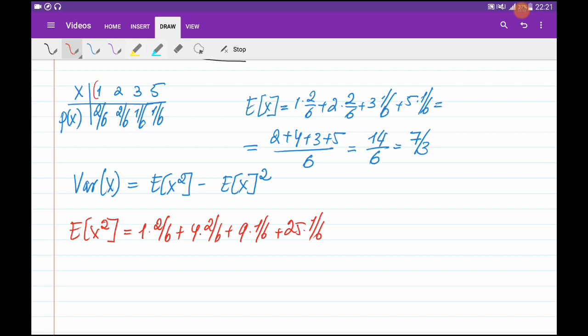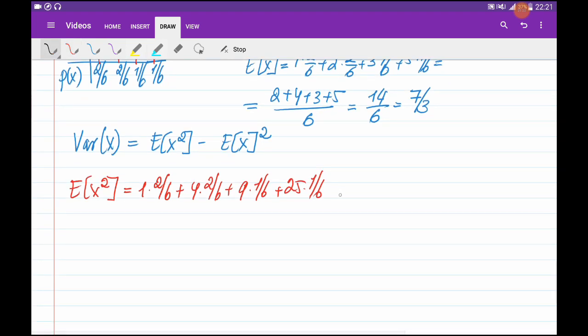Basically, the square of every output of x multiplied by its probability, and then we add them. If I add them, I get 2 plus 8 plus 9 plus 25 over 6, which is equal to 44 over 6, or if I divide by 2, it is 22 over 3.